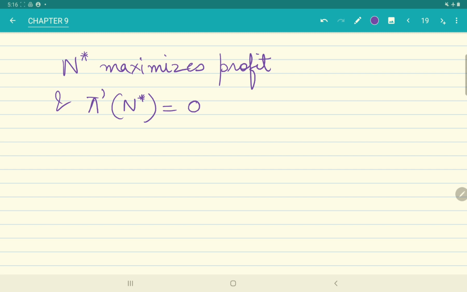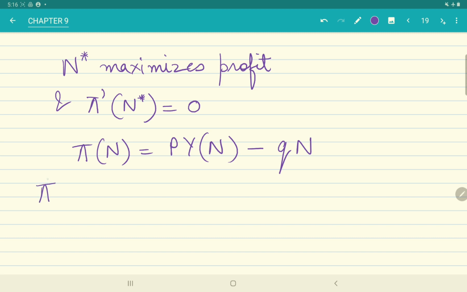So now I know what pi of n is. I now actually calculate pi prime n star. So I write again pi of n, which is equal to p y of n minus q n.